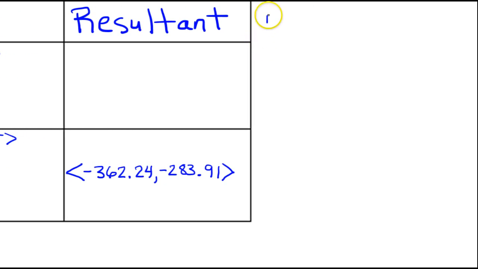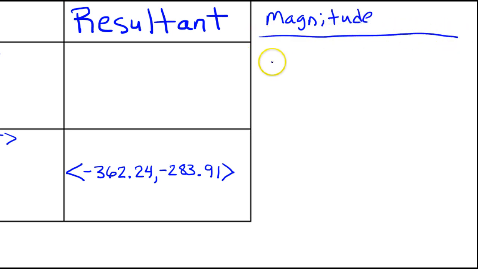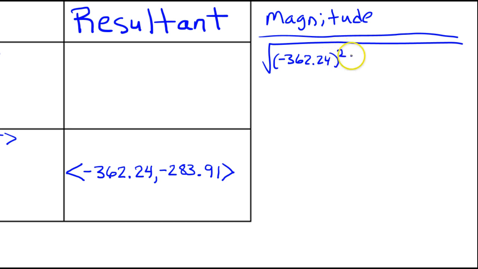So let's start with the magnitude. For the magnitude, we can just use the magnitude formula and do negative 362.24 squared plus negative 283.91 squared, and take the square root of all that with a calculator. So the magnitude is 460.24.